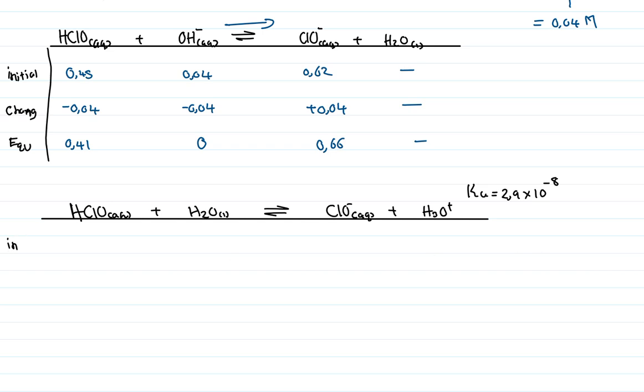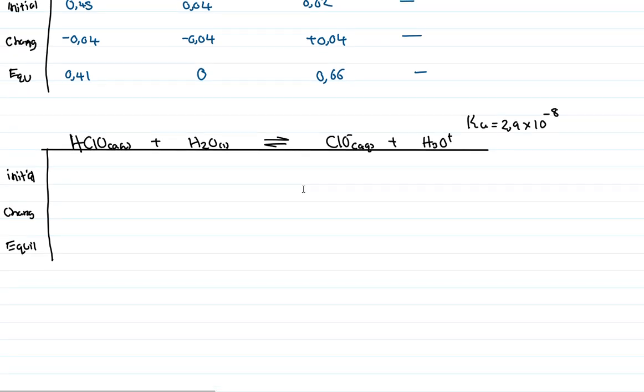So we have initial, change, and equilibrium. Now our initial is the one that we got previously. So our initial is going to be 0.41 and nothing for water, and our initial for the conjugate base is 0.66, and then we have 0 for the hydronium ion.